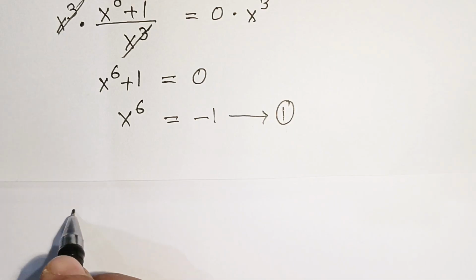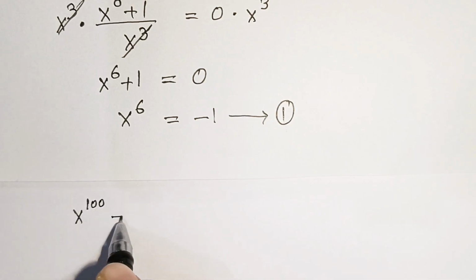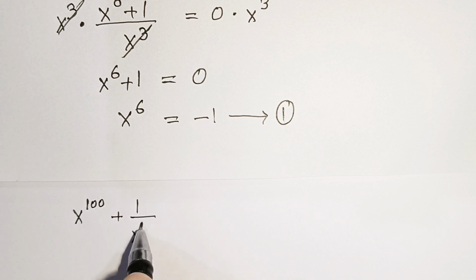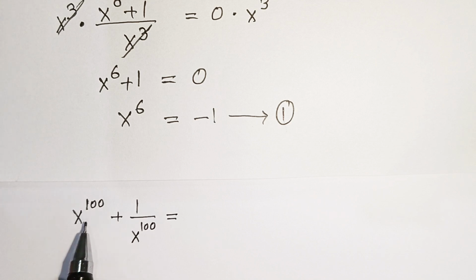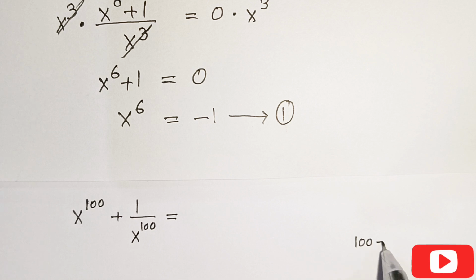So here we have to find x to the power 100 plus 1 over x to the power 100. This 100 can also be written by finding the multiples of 6: 100 is 102 minus 2, and 17 times 6 is equal to 102.